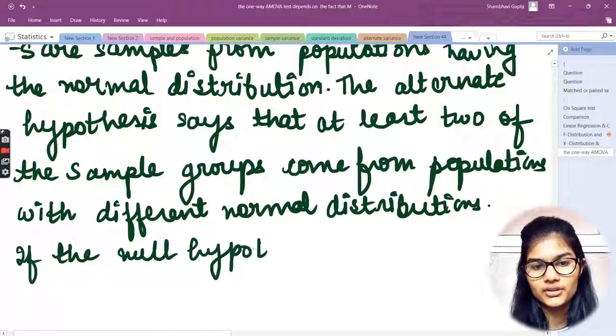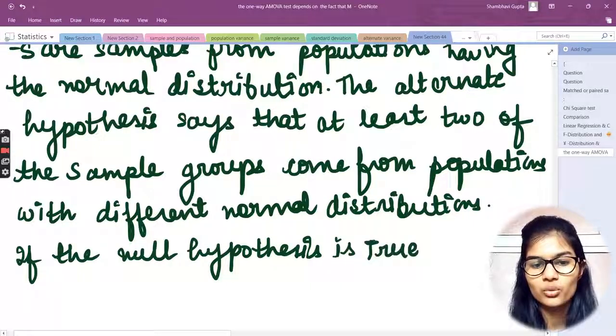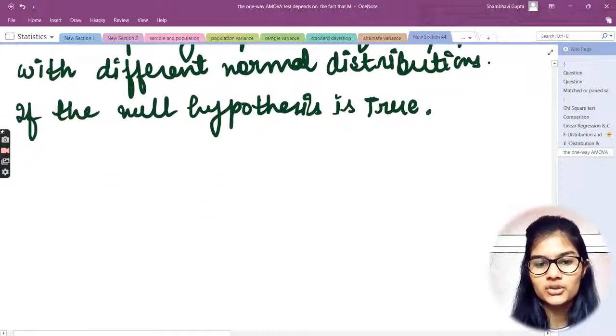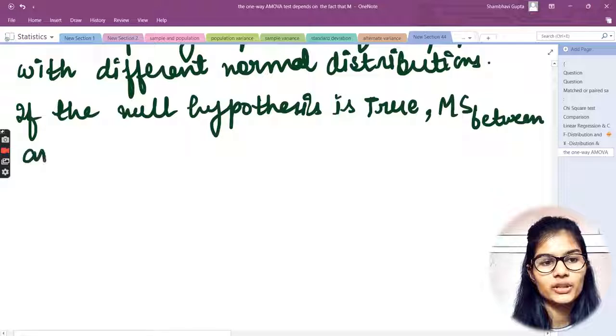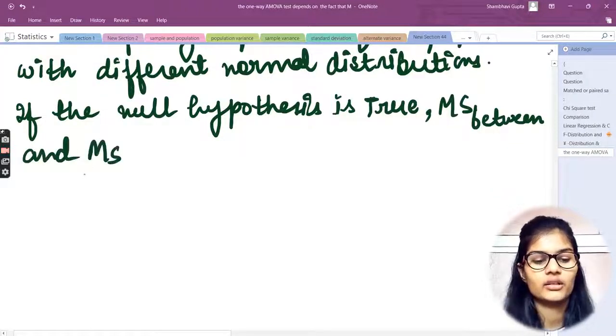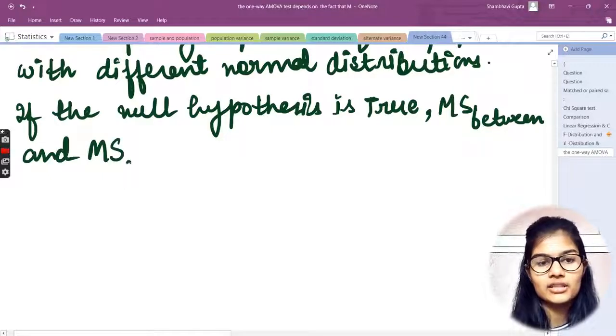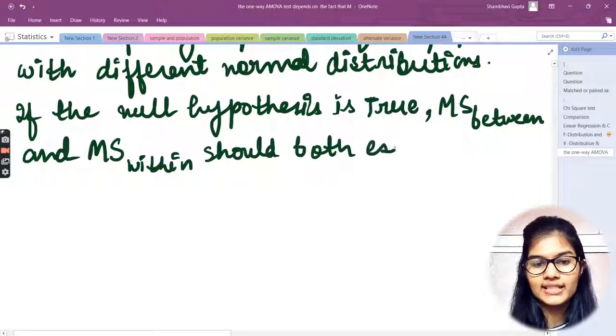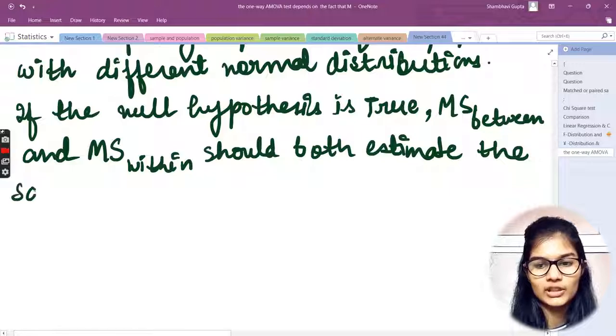If the null hypothesis is true, in that case MS between and MS within should both estimate the same value.